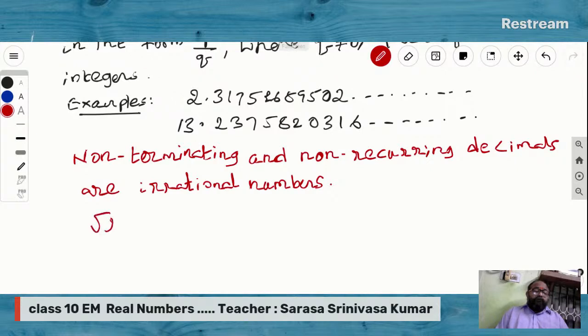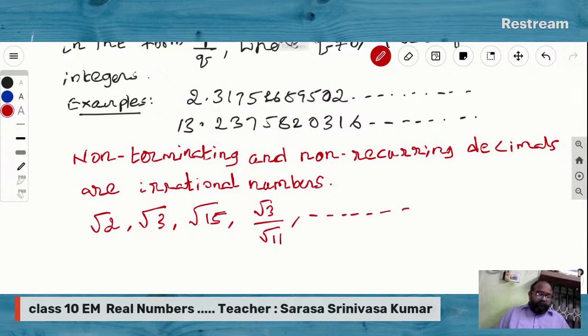Square root of 2, square root of 3, square root of 15, root 2 by root 3, root 11 and so on. So these are irrational numbers.